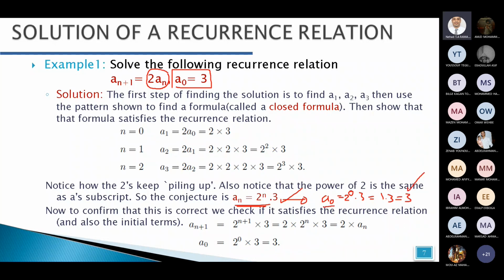We use this solution to get the initial condition correct, and we use this solution to get the recurrence relation correct. Then this is a correct solution for the recurrence relation. We will take many examples related to this issue.